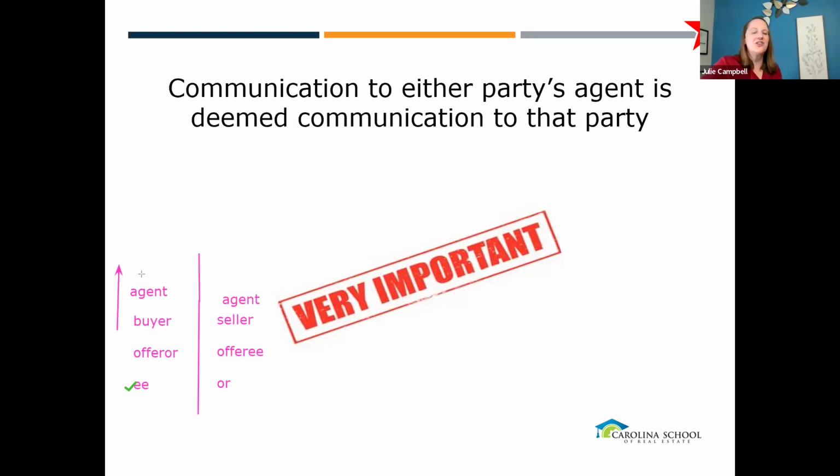Now the buyer's agent calls the listing agent and says, my guys have accepted. Did that communication cross the line? Congratulations, folks. We are under contract. As the listing agent, what's the very next thing you're going to want to do?